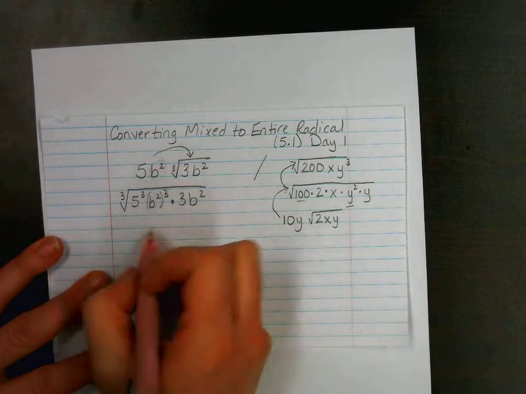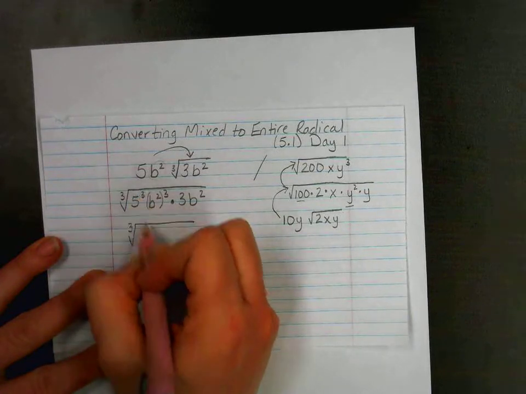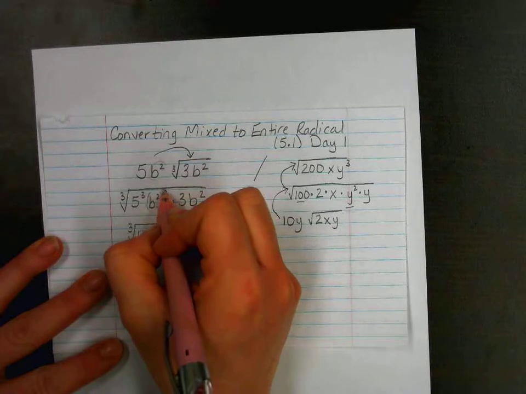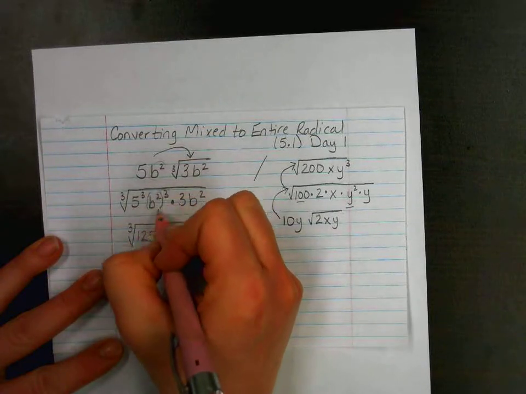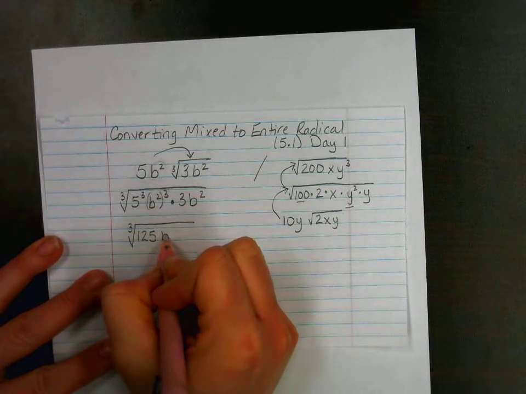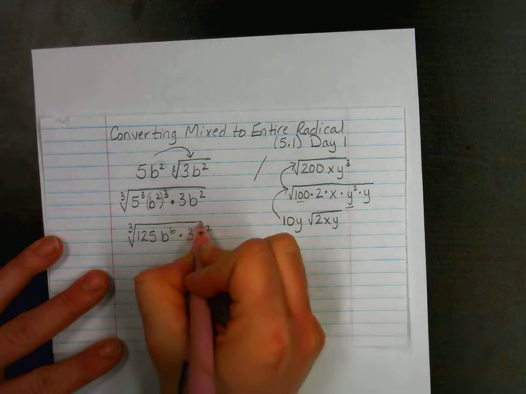Now I want to evaluate or simplify all of this. So 5 cubed would be 125. B squared cubed. So when we take a power to a higher power, we want to multiply these exponents. So this would be b to the 6th times 3b squared.